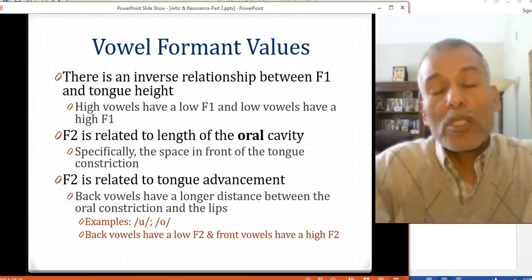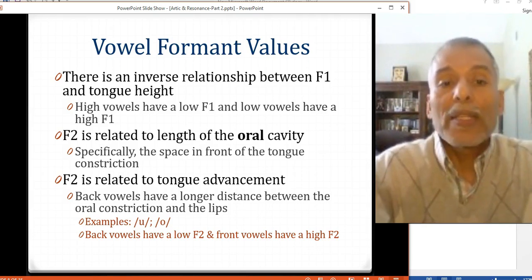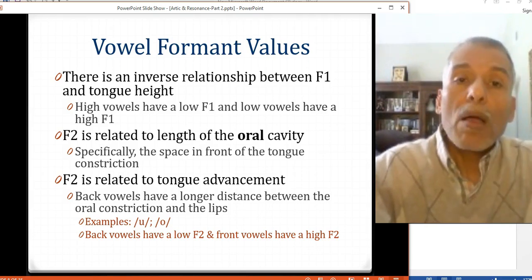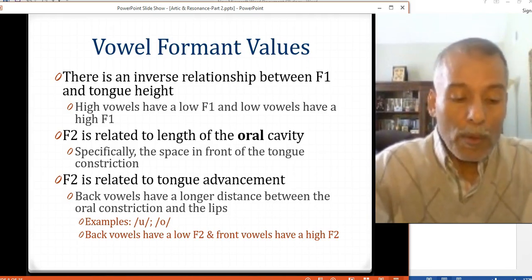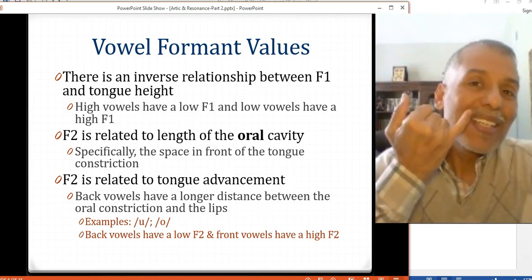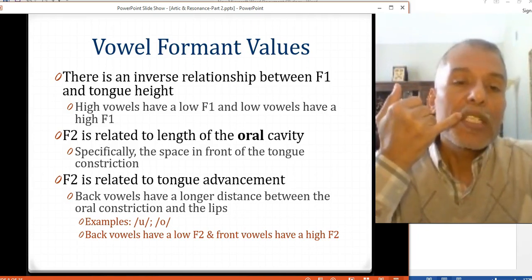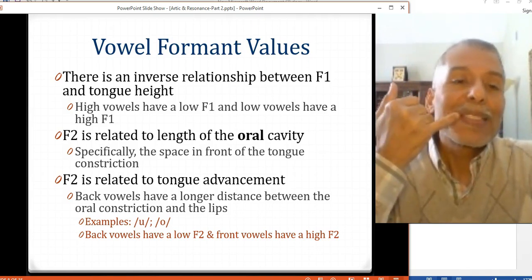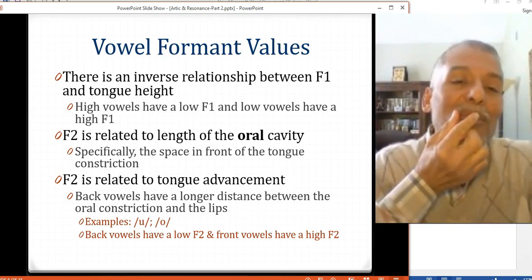So again, F2 is related to the length of the oral cavity, specifically the space in front of the tongue constriction. When you say E, the constriction is across from the alveolar ridge, and then to the lips. So that makes F2 higher because there is less room.